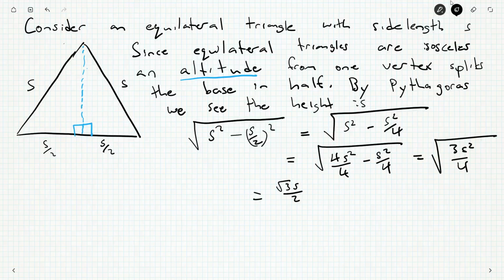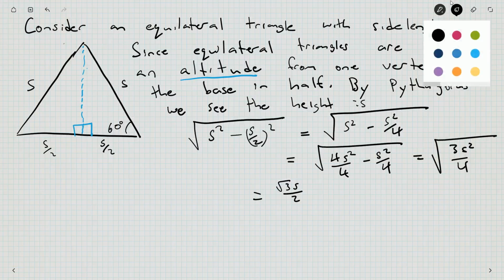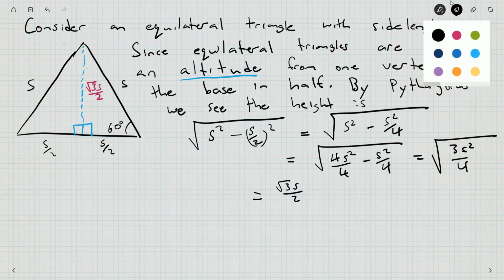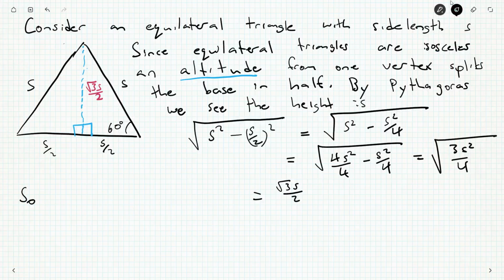You could also make a trigonometry argument since we've got 60 degrees here. That would be perfectly fine. But the point is, now we have a height: root 3 times S over 2. So the area is 1/2 base times height.